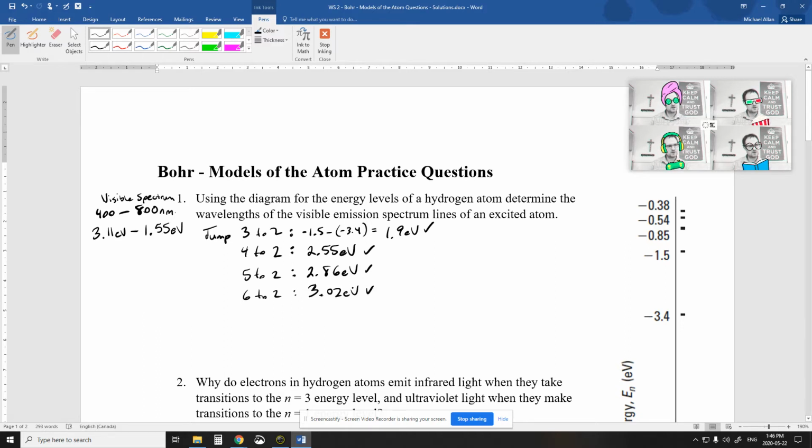That could fit within my spectrum, if I'm assuming 400 is my end. So that's all the way down to 2. Seems like any transition down to 2 is going to give us a nice little visible spectrum. Let's do the next one here. Let's just double check. If I go from 4 to 3, okay, 4 to 3 is a pretty small little gap there.